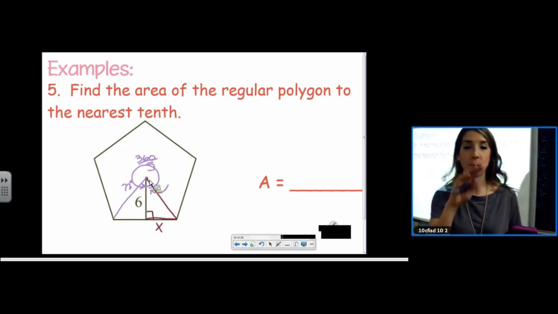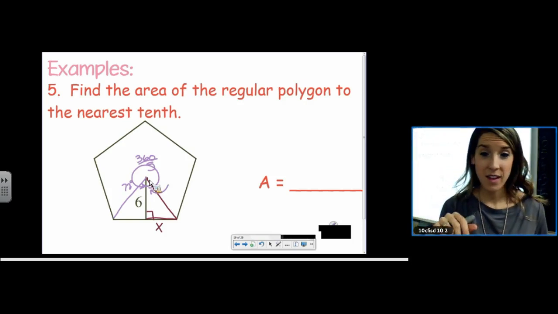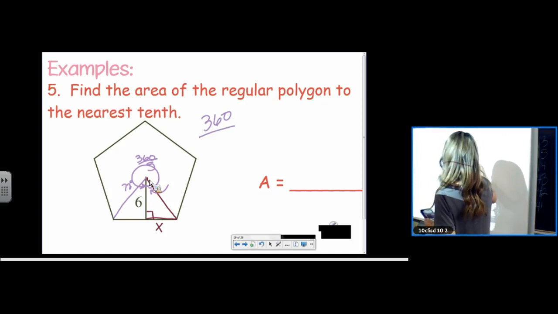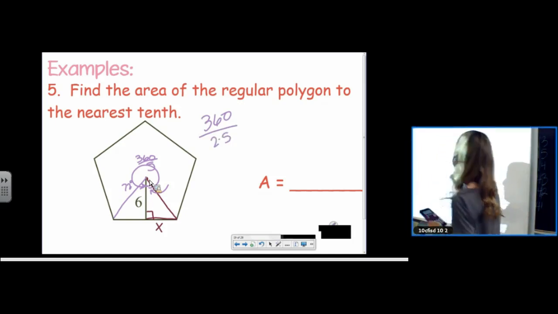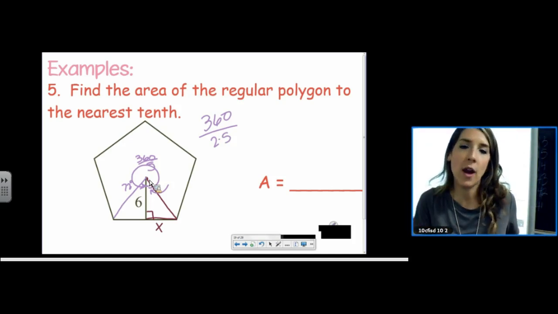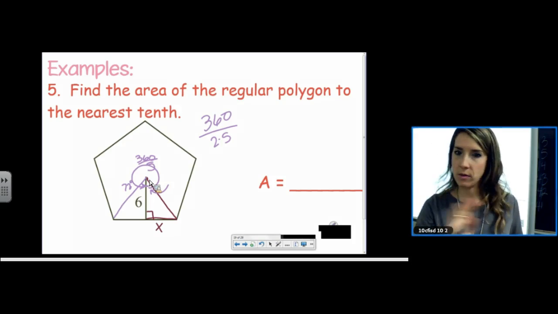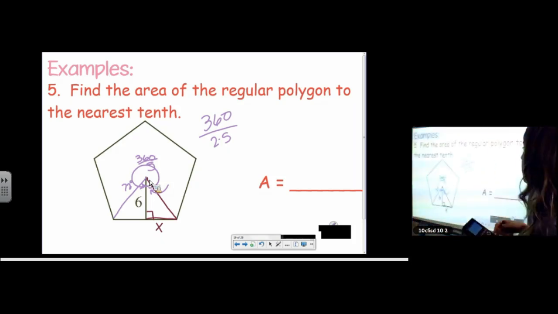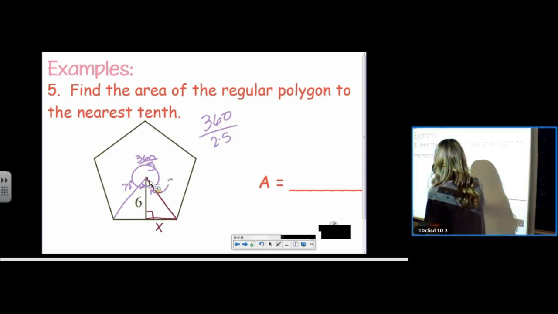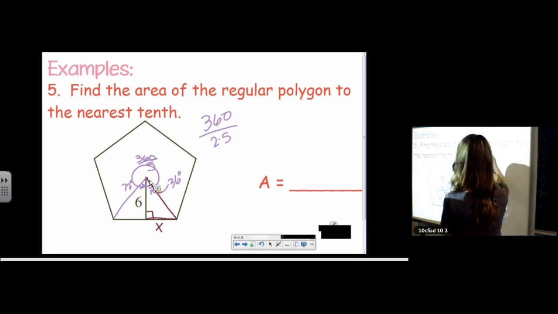So every time I'm going to do 360 divided by not the number of sides, but double the number of sides. Because if I were to draw triangles all the way around, there'd be 2 triangles per side. So I would end up drawing 10 triangles if I kept going, but we're not going to mess up our picture. So that's really just 360 divided by 10. So I know that that angle is 36 degrees.